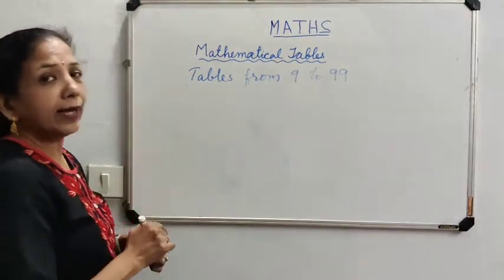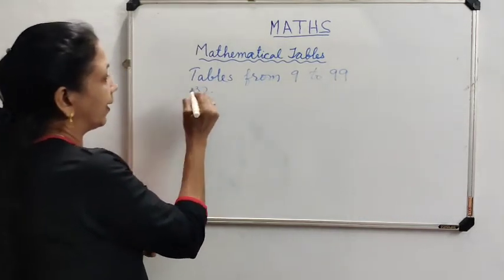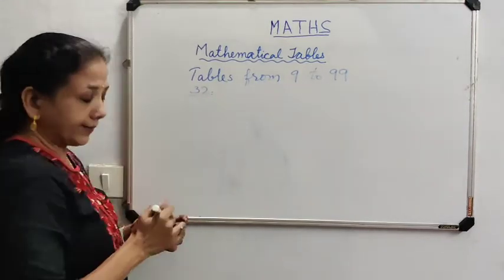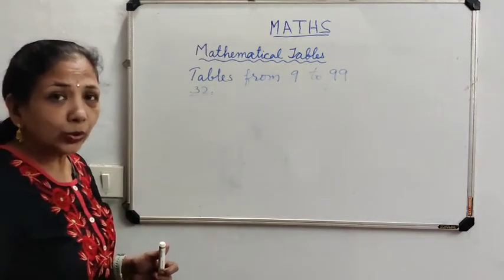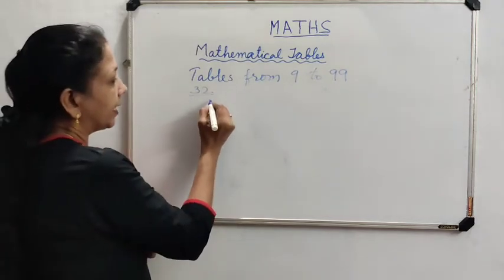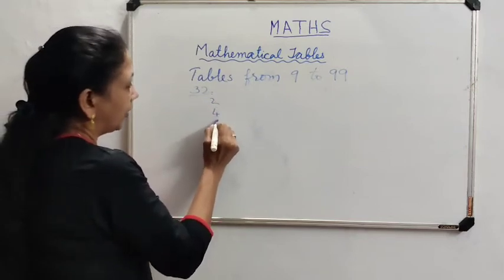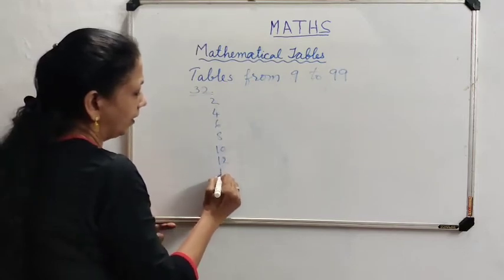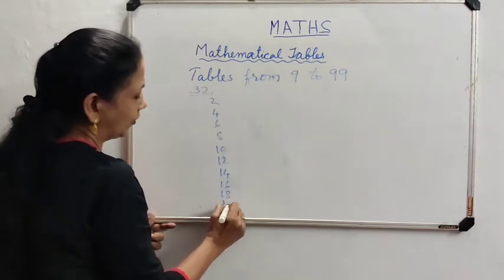Okay. Now I am showing you how to find the table of 32. What is the table of 32? The ones place is 2 and the tens place is 3. So first write the table of 2: 2, 4, 6, 8, 10, 12, 14, 16, 18, 20.